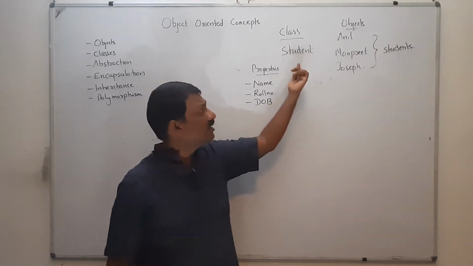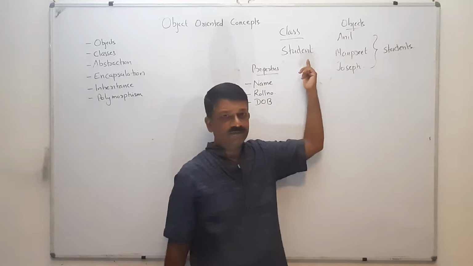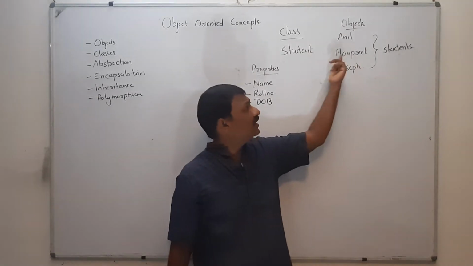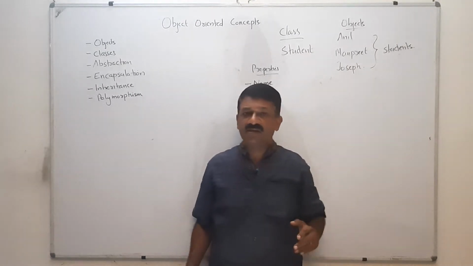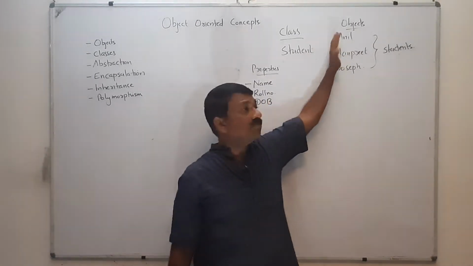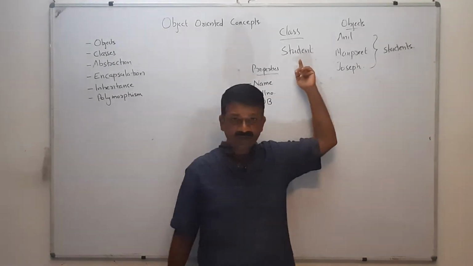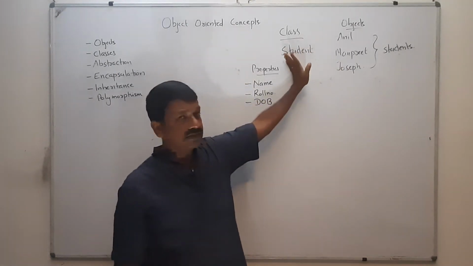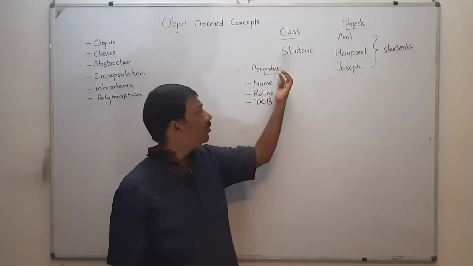That means this is a particular instance of student. Anil is a student, Manpreet is another student, and Joseph is another student. All these three objects belong to this class, and this class has certain properties. That means these are the properties of the class.